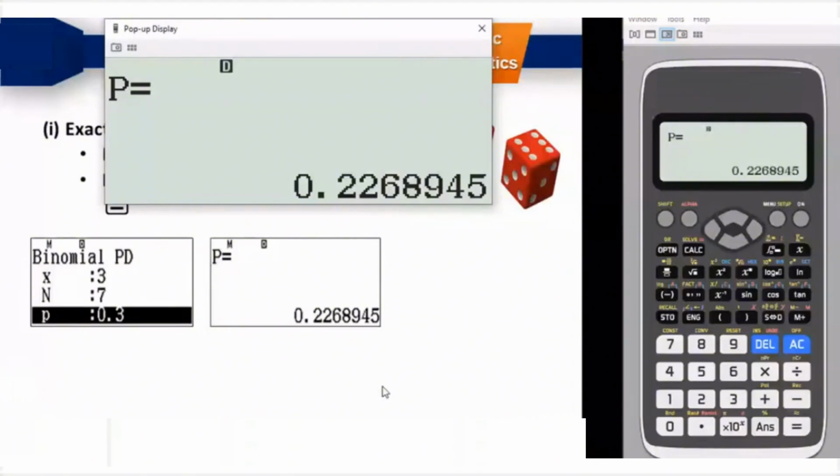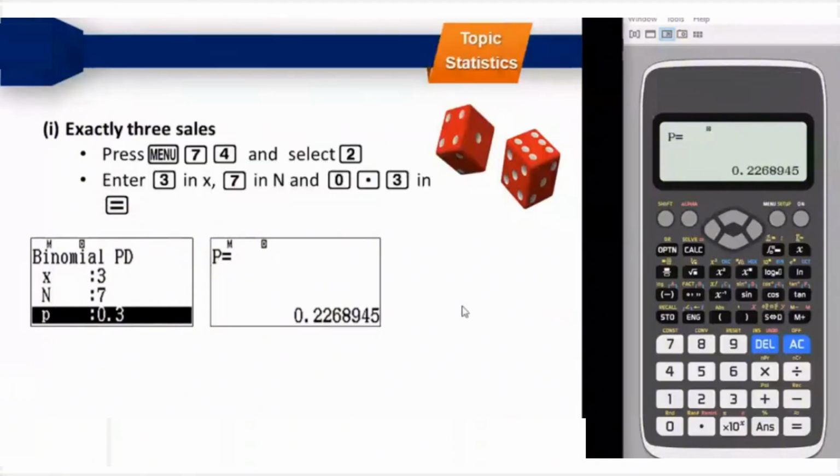So you have the fixed number of trials, you have exactly 3 sales, and you have the probability of the favorable outcome. In normal cases, you would have done nCr times q to the power n minus r, times p to the power r, so the whole binomial function would have to be written. In this case, all you need to do was put in the values and you got the answer. And since it was exactly 3 sales, you selected binomial probability distribution.